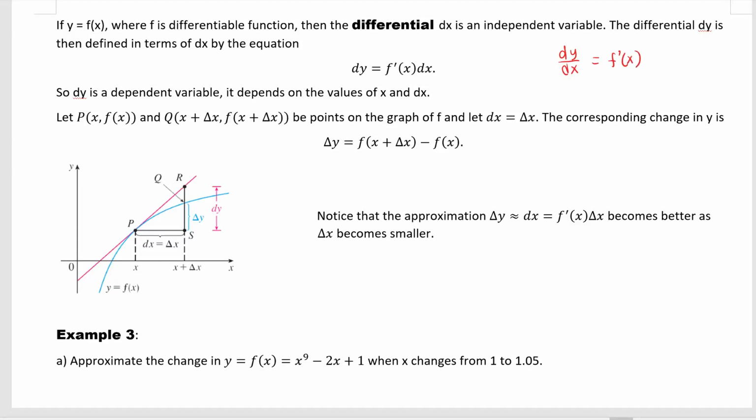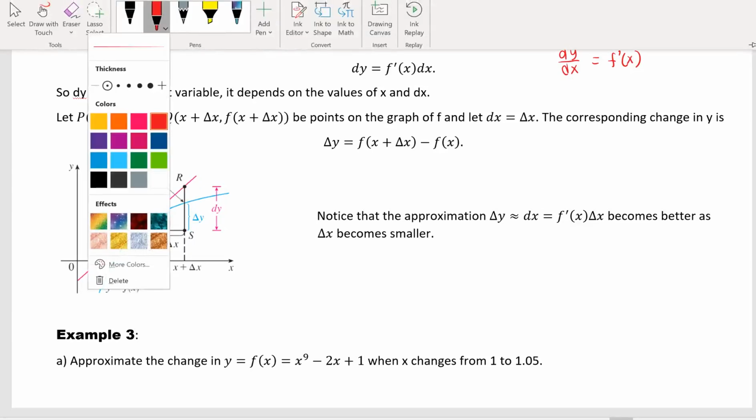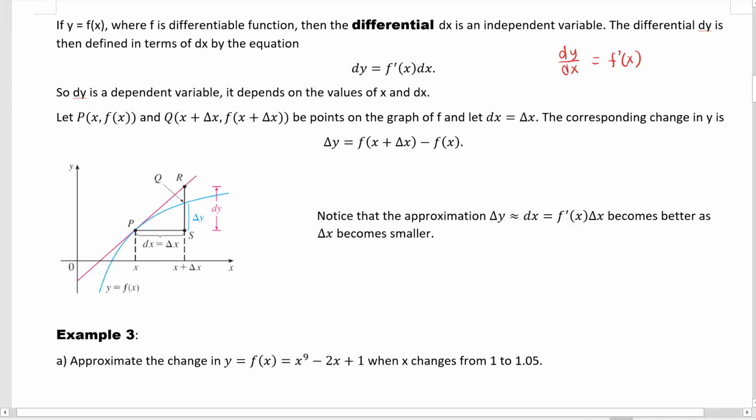That's the derivative. You can kind of treat it like we multiply by dx on both sides. If we multiply by dx on both sides, what happened? It's like, oh, I get dx here, I get dx here, they cancel. So I get dy equals f prime of x dx. So this is the differential form, okay?